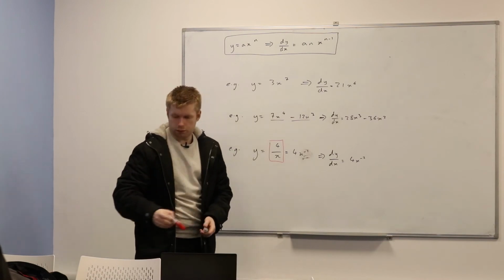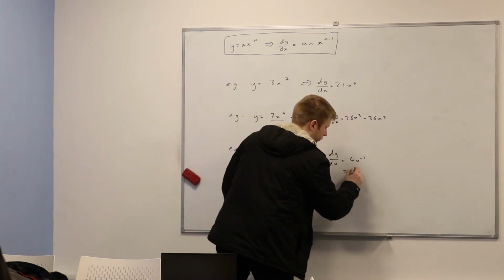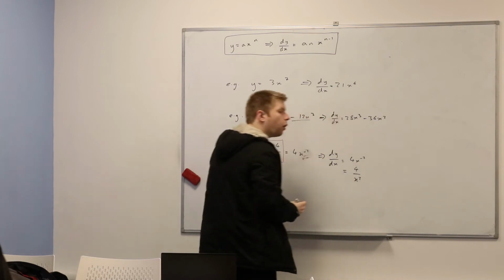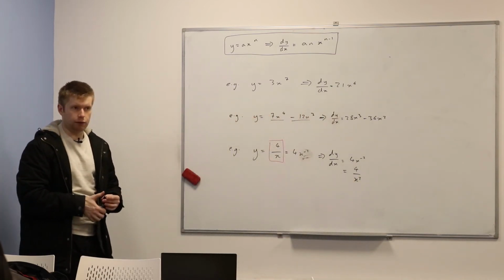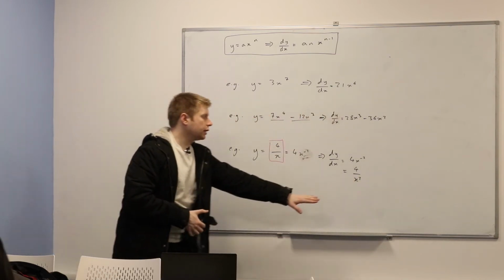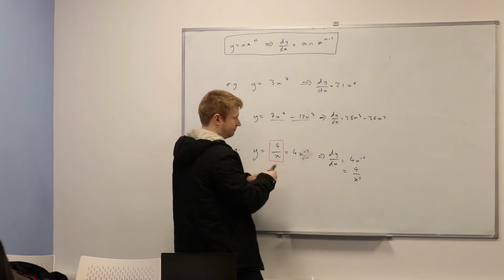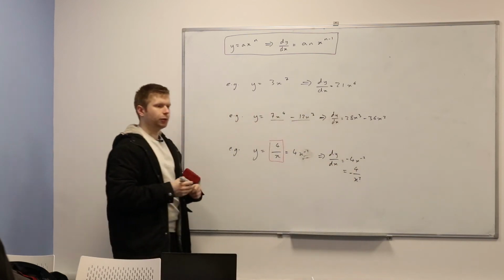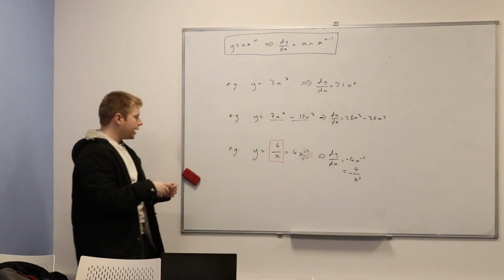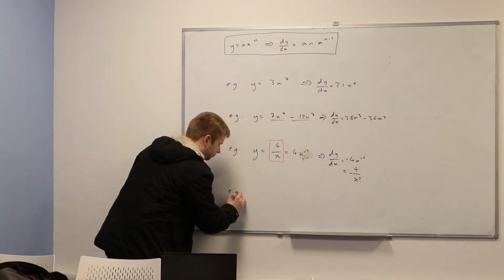So 4 over x to the power of 2. Good. That's a good rule of thumb: always leave it in the same form you were given it in. I gave it to you with fractions, so leave your answer in fractions. Thank you. Good.